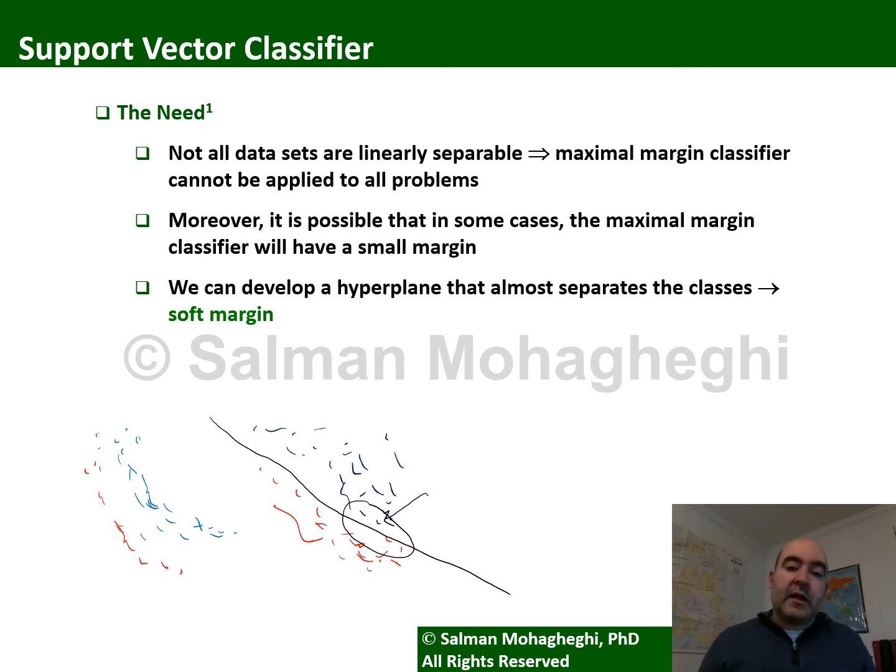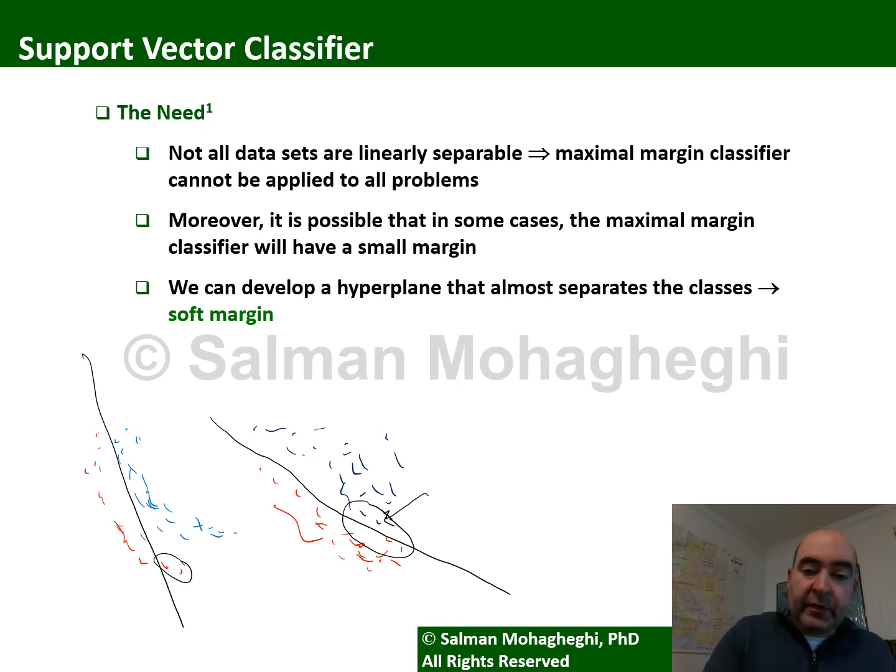In situations like this, what we do is we introduce a certain level of relaxation, in the sense that we say we would like to find a hyperplane that almost separates the classes. For example, in this particular case, this might be that hyperplane. Notice that in these two instances, it actually fails to classify them correctly, but that might be acceptable for me, that level of misclassification.